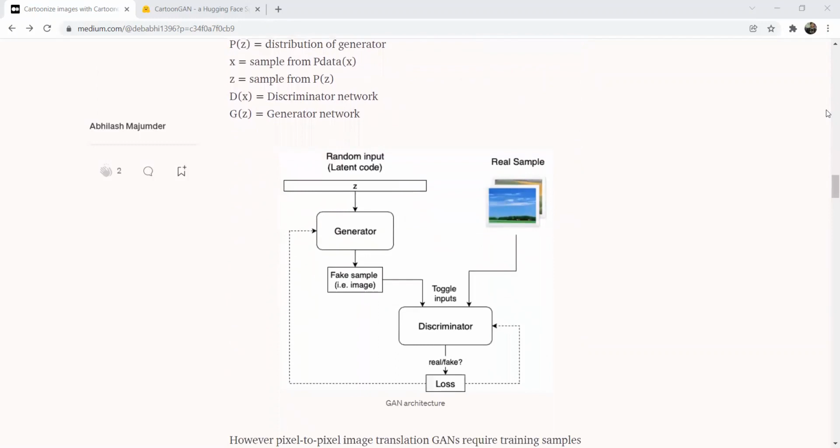Now, a particular GAN architecture looks very much like the figure given here. We have a generator, we input random images in latent form, and we take the sample which is generated from the generator, that is the fake sampled images, and we put it into the discriminator, and we match it with the real sample.